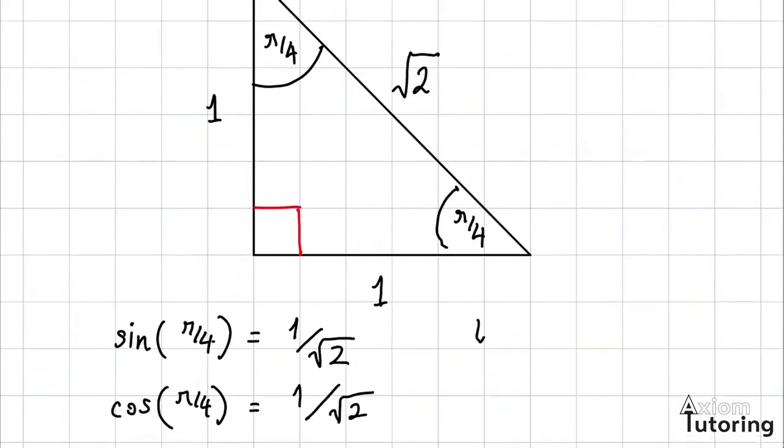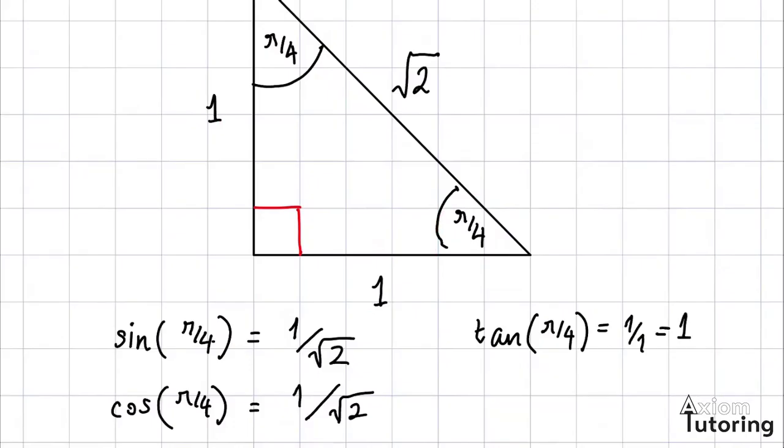So now what about tan of pi over 4? You can use that tan theta is equal to opposite over adjacent. We can also use that tan theta is equal to sine theta over cos theta, both would be correct and they should both give you the same answer. So let's check that. If we're using the fact that tan theta is opposite over adjacent, this is our theta, opposite is 1, adjacent is 1, so that's just 1 over 1.